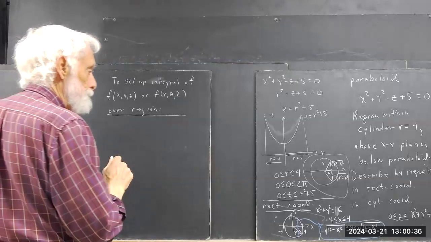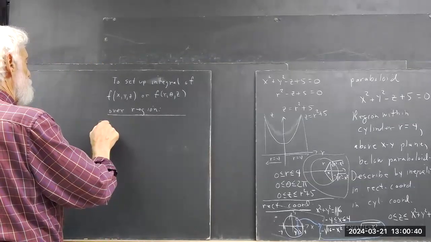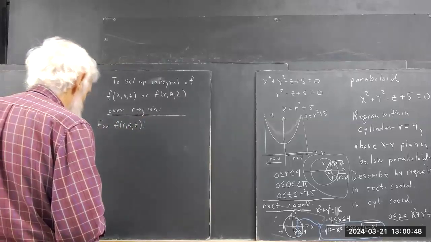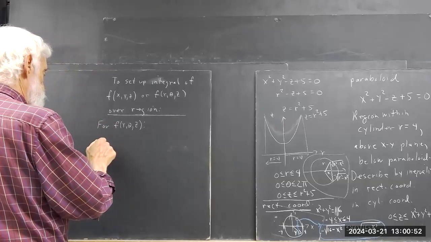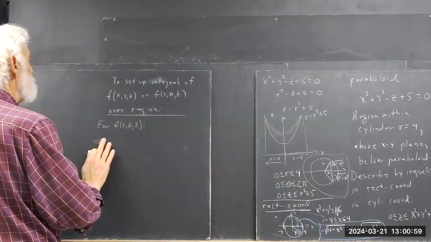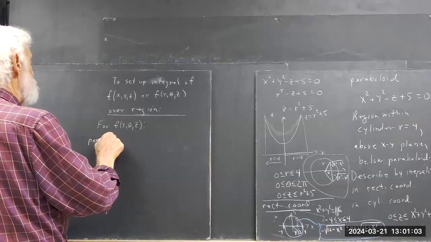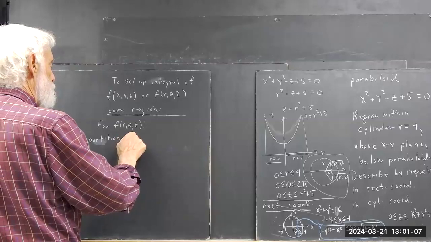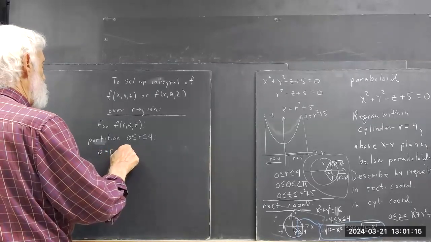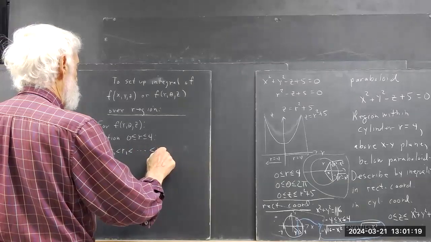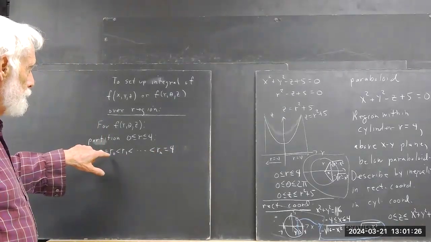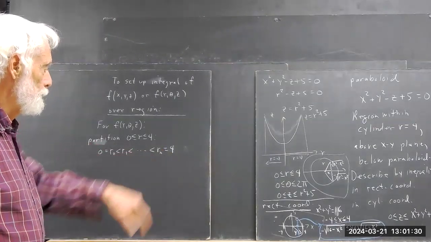To be explicit, we have our partition of r from r naught equals 0 to r n equals 4.